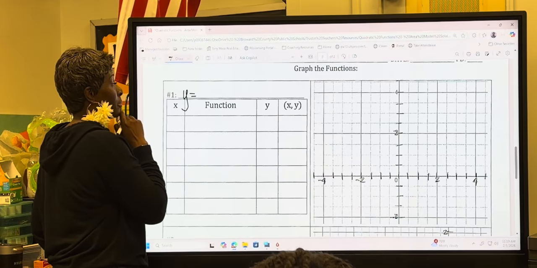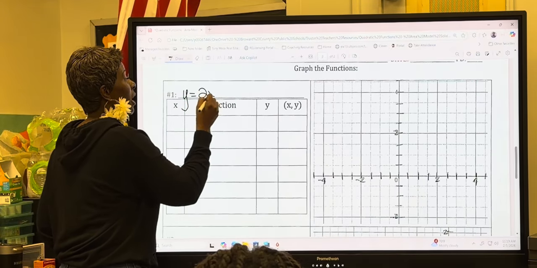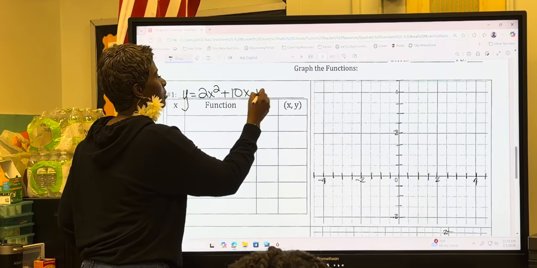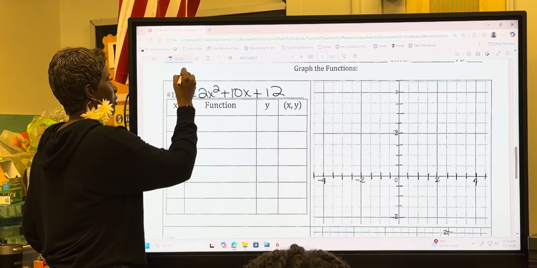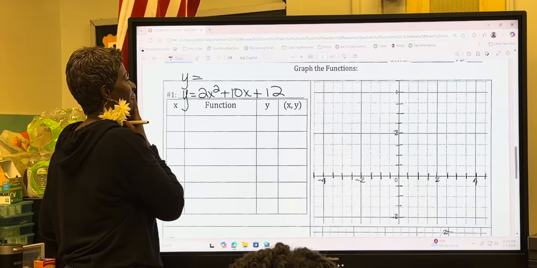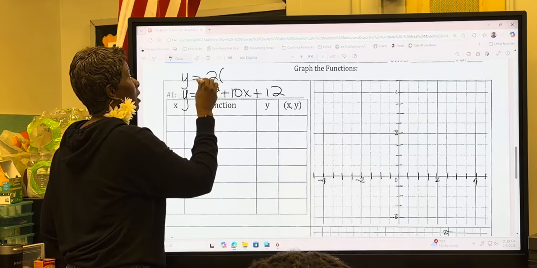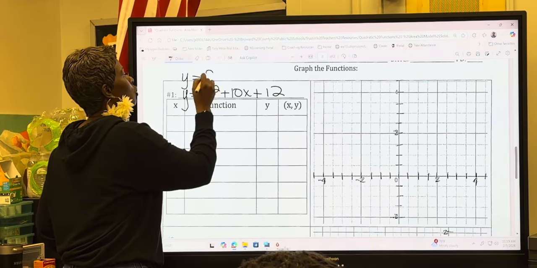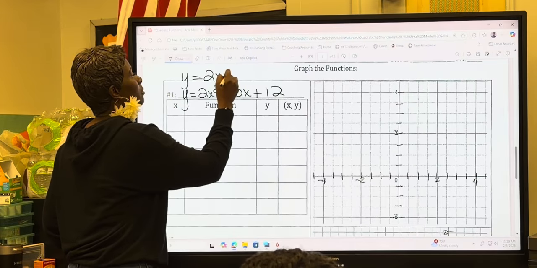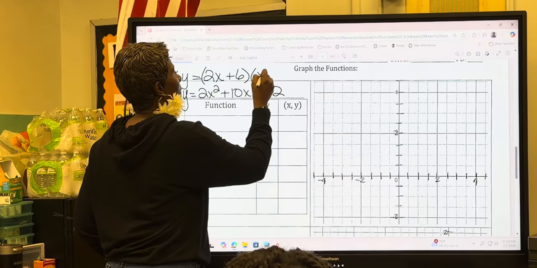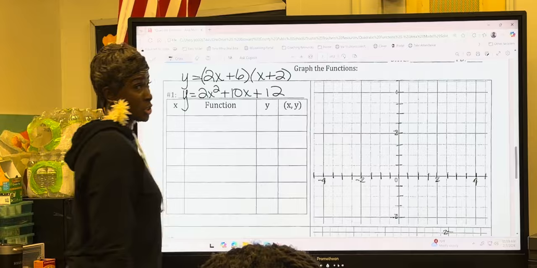Give me the standard form. y equals 2x squared plus 10x plus 12. Okay, now give me the factor form. Y equals 2 times, oh no, we didn't pull it out, did we? 2x plus 6, we did, but she gave me the other one. Times what? x plus 2.